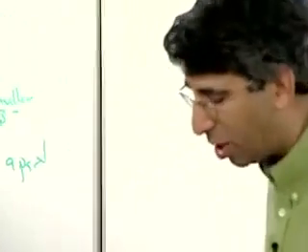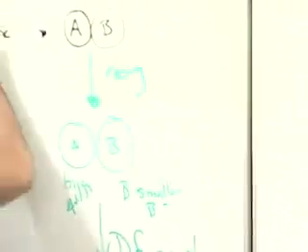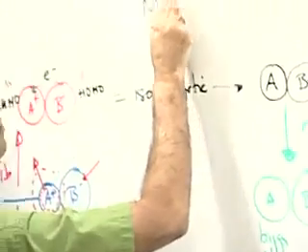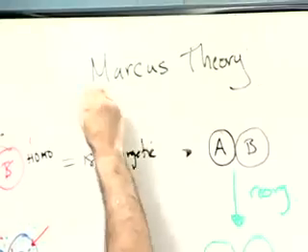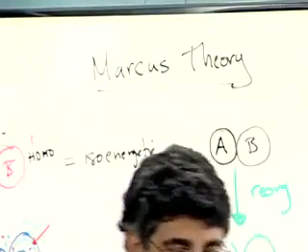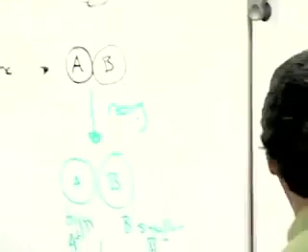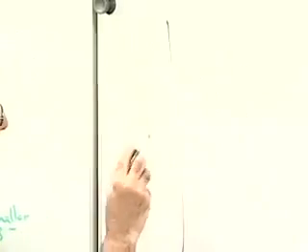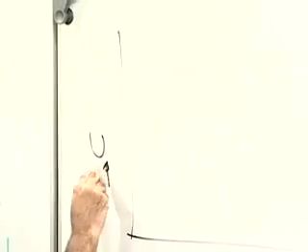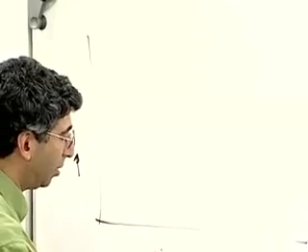Now, if you're going to represent this in some sort of graphical context, you should label this whole board Marcus theory. What Marcus points out is we can look at a plot of energy versus distance.